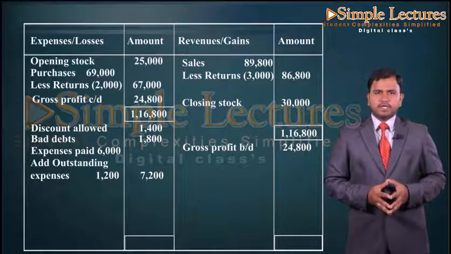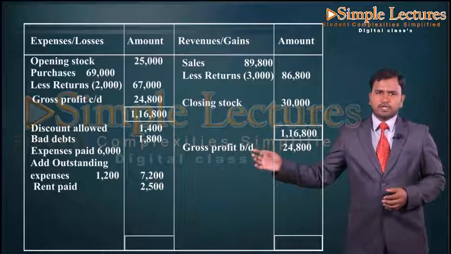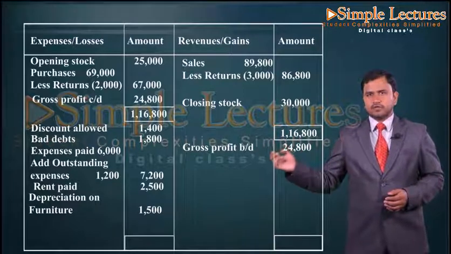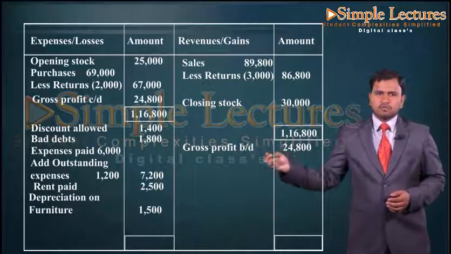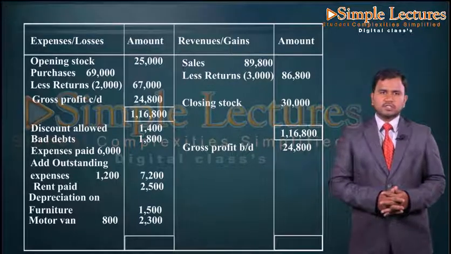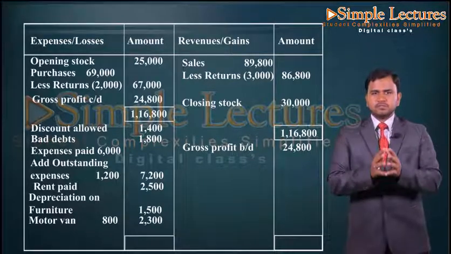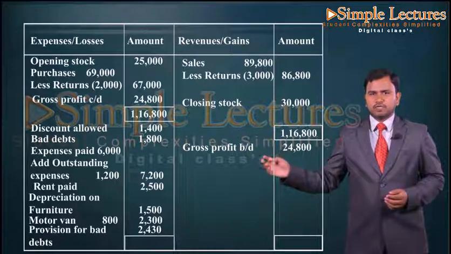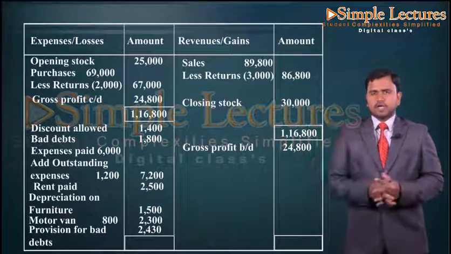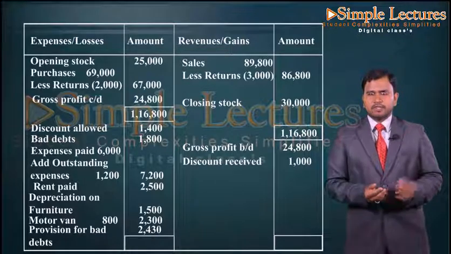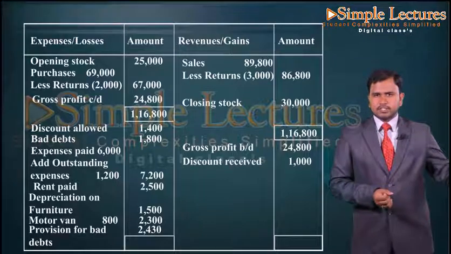Then we have rent paid 2,500, then depreciation on furniture in the inner column 1,500, and depreciation on motor van 800, and total depreciation will be 2,300. Then we have provision for bad debts 2,430, and we have discount received. Whenever the discount is received, it is an income that will be recorded on the credit side.